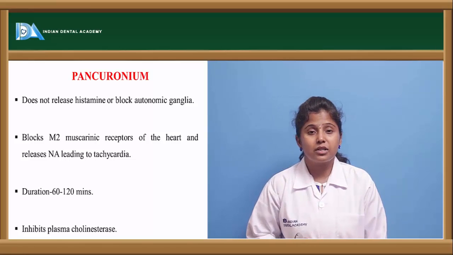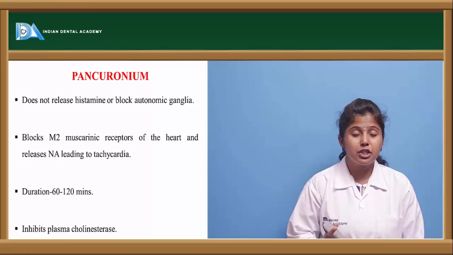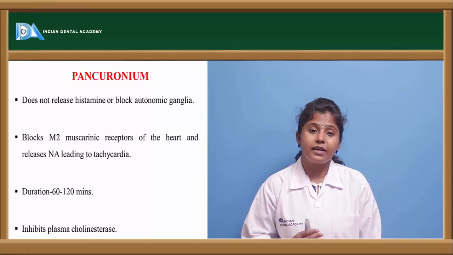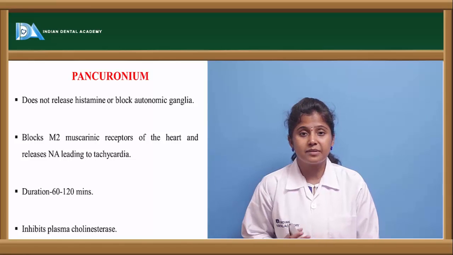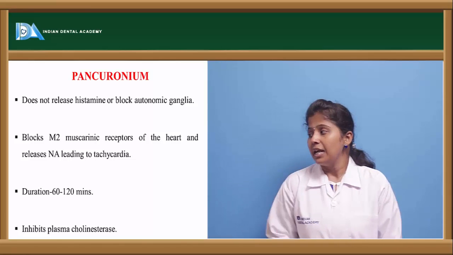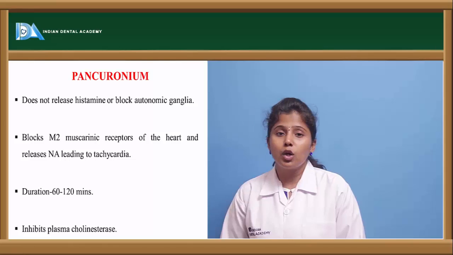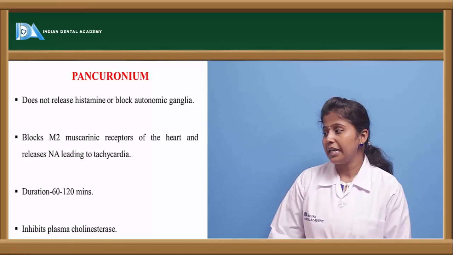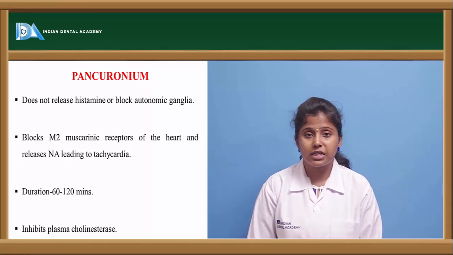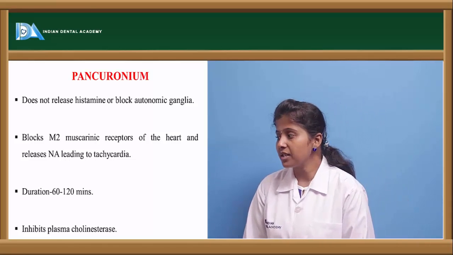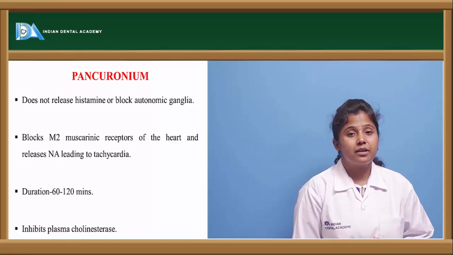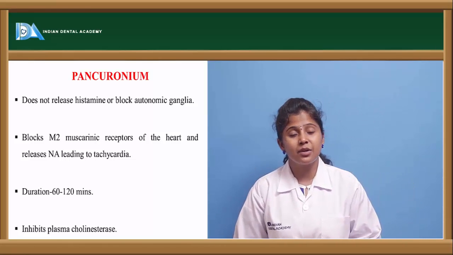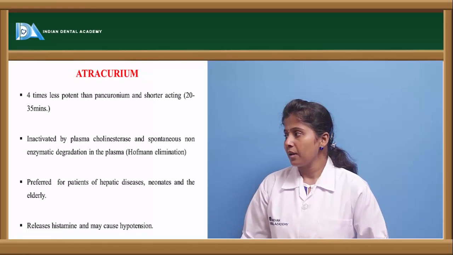Here it blocks the activity of acetylcholine at the M2, that is muscarinic 2 receptors, and thereby it releases noradrenaline, leading to tachycardia. The duration of action of this drug is about 60 to 120 minutes, and it inhibits the cholinesterase enzyme which is present in the plasma.